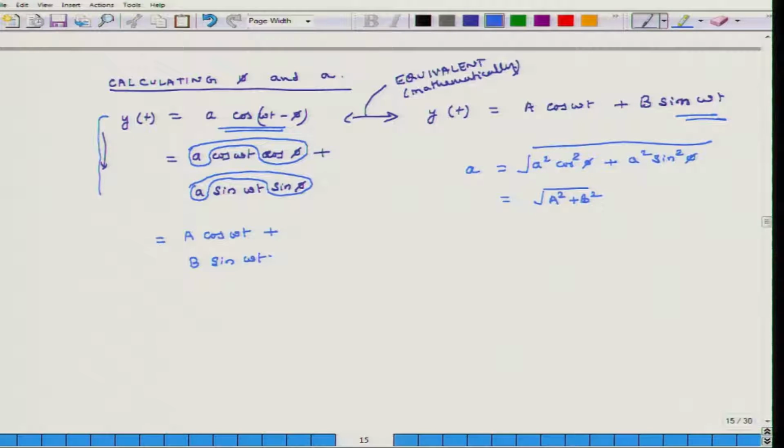So, that is the relation between A and a, b, and phi is equal to what? Tan inverse of b over a.